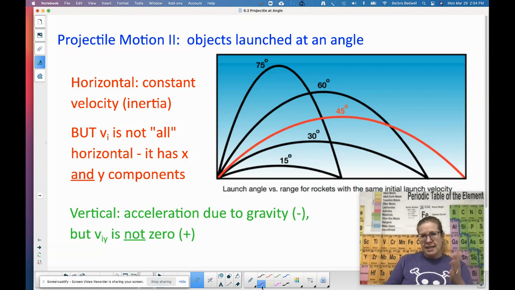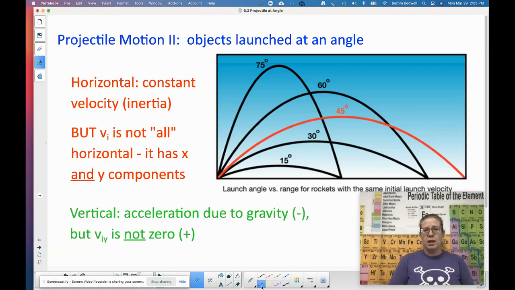With this, when we're talking about launching something at an angle, or something up, at different ranges or different angles, the important thing to keep in mind is that now our VI is not equal to 0. Our VI horizontally was never equal to 0, but vertically, in horizontal launches, our VI was considered to be 0. That is no longer the case.